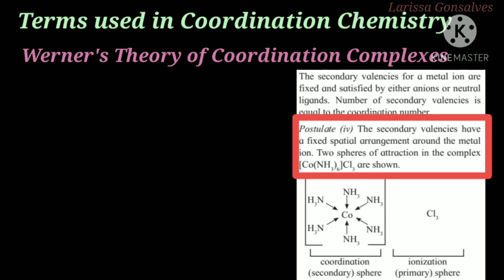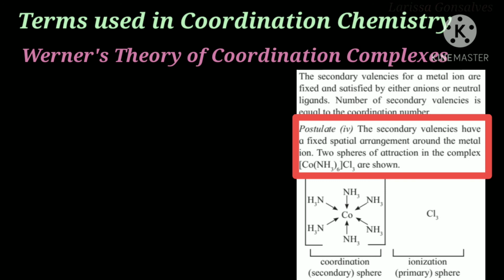The two spheres of attraction in the complex [Co(NH3)6]Cl3 are shown as follows. The species present inside the coordination sphere are [Co(NH3)6], whereas Cl3 acts as the counter ion, present outside the coordination sphere. Cobalt is the central metal ion.